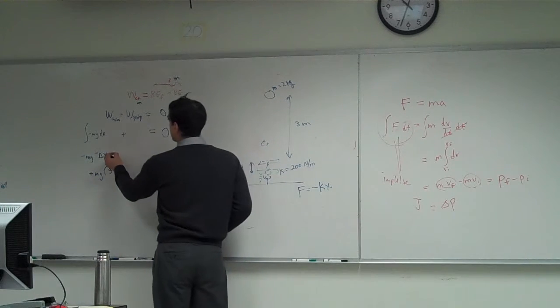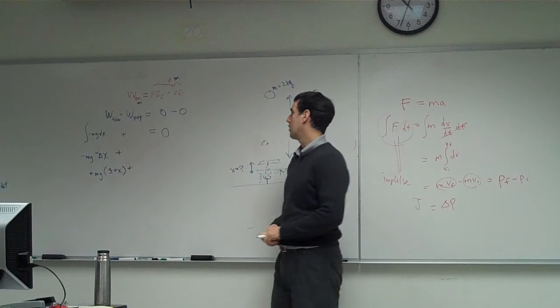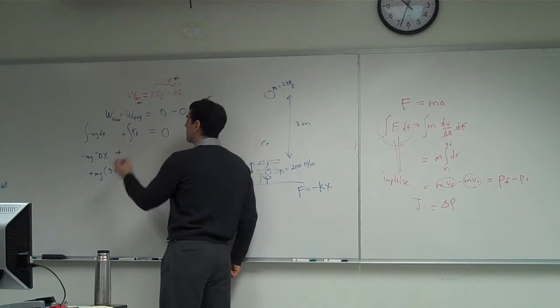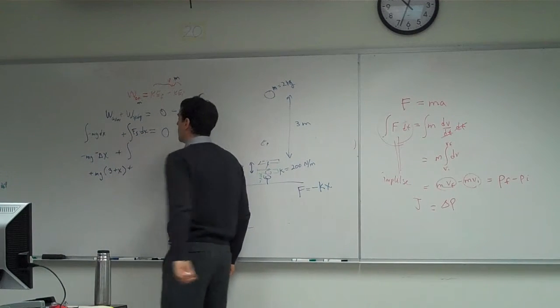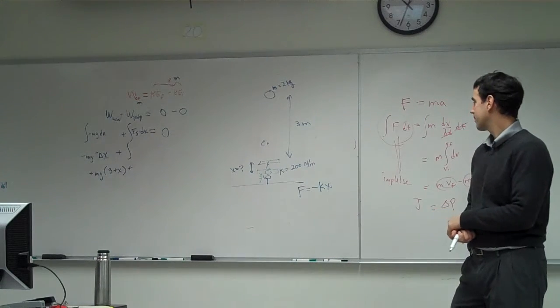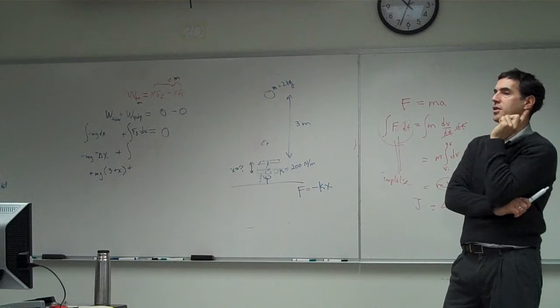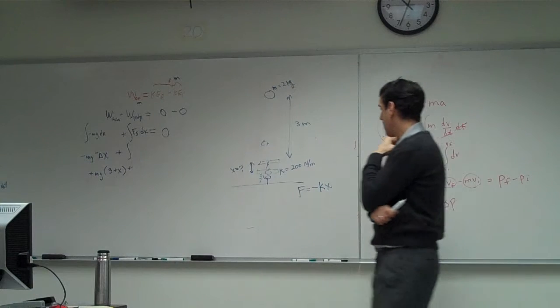Okay, next, I need to take into account the work done by the spring. So I need the force of the spring acting on the mass times dx. What should I put in for the force of the spring acting on the mass? What relationship? Yep.